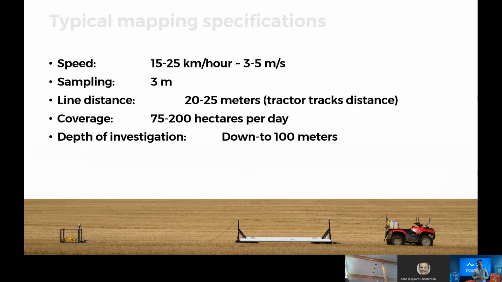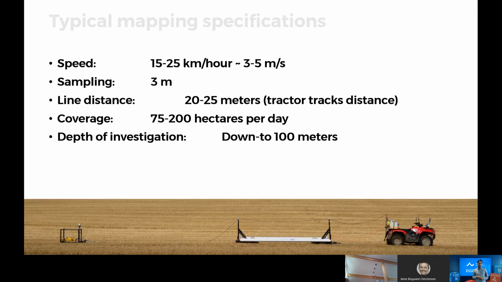So, some specifications about the mapping. How fast can we run this system? If there is a smooth field, for example the field you are looking at at the bottom of the slide, you can run 20-25 kilometers per hour without damaging the system. This is the safe limit that you can run in an open field like this.